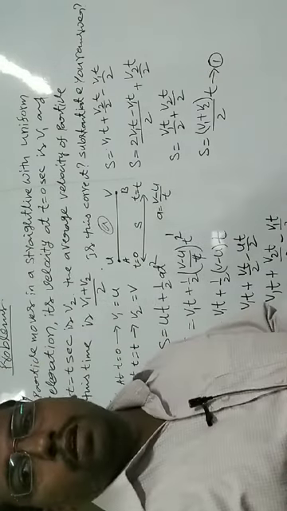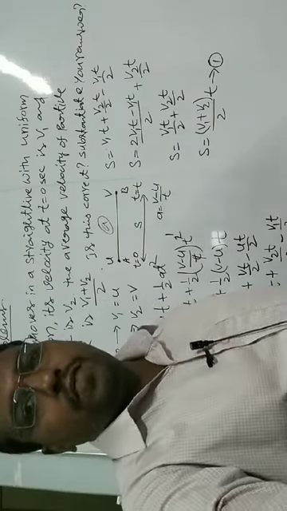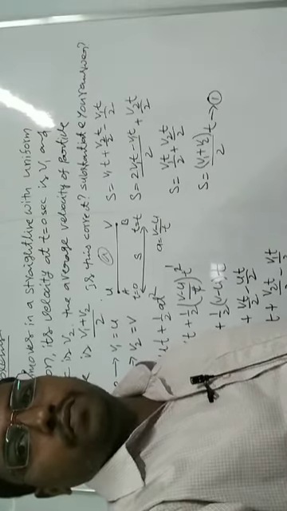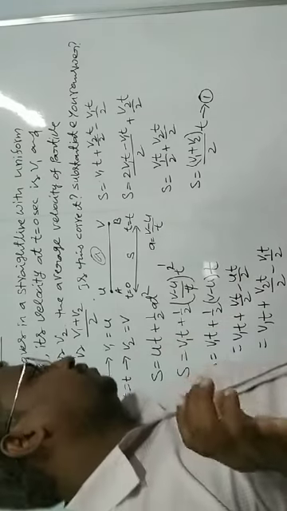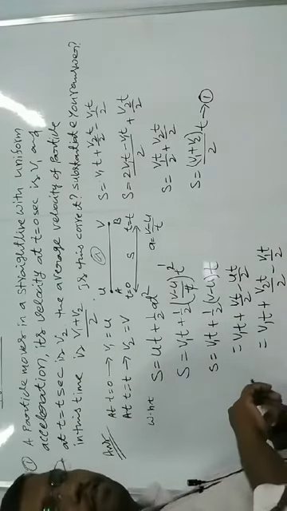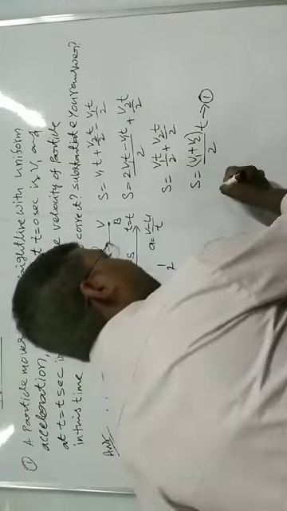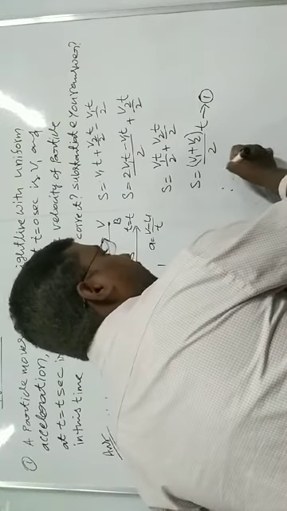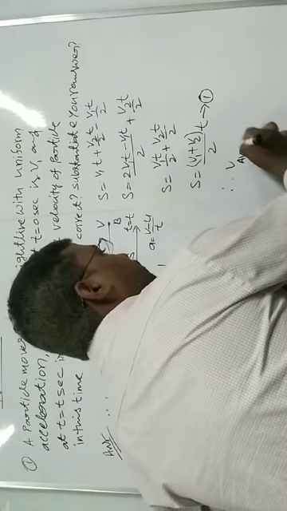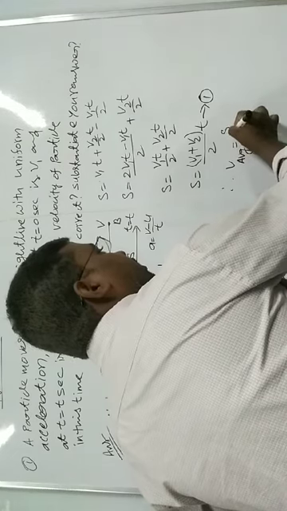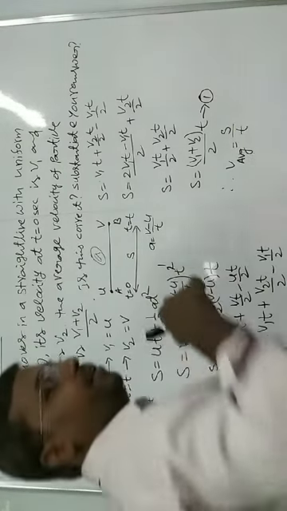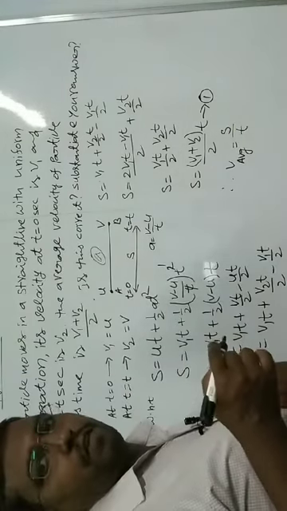Now we can prove the average velocity is (v1 plus v2) by 2. So we write the formula: v average is equal to total displacement by total time.